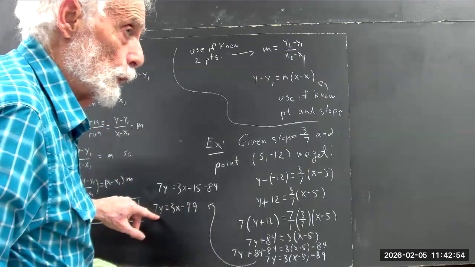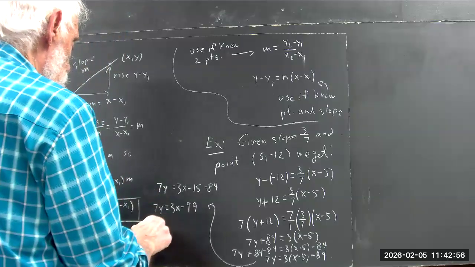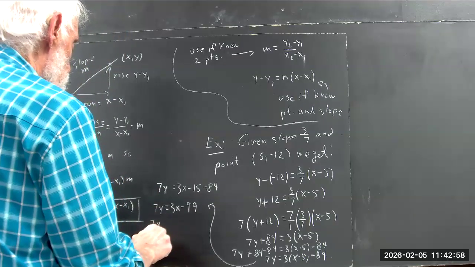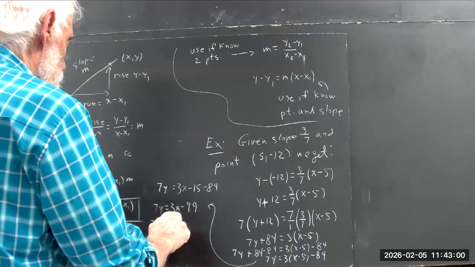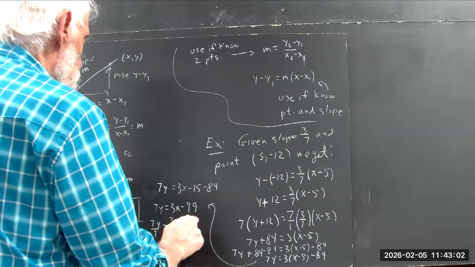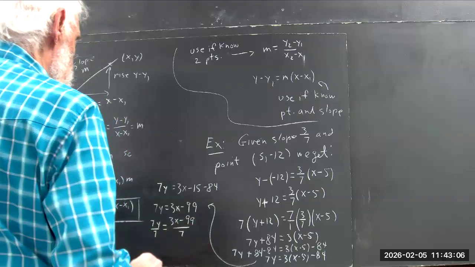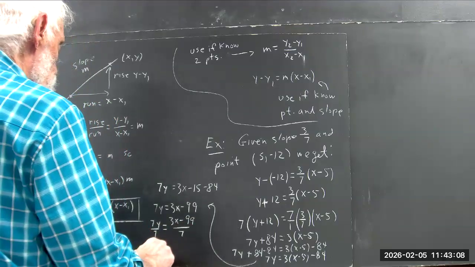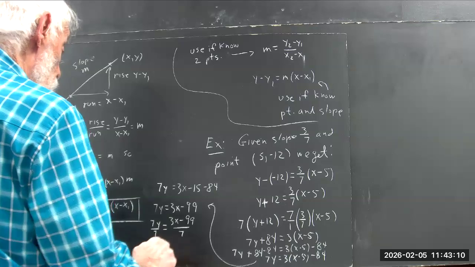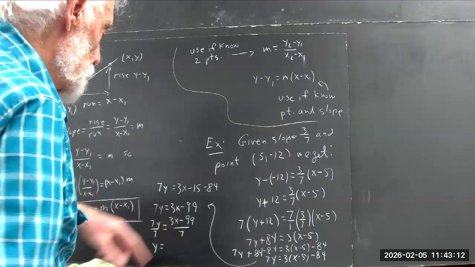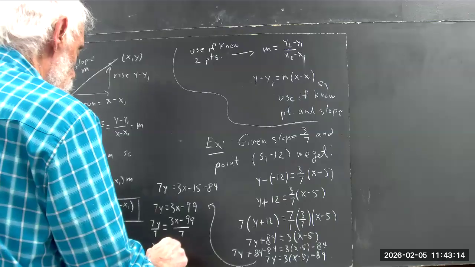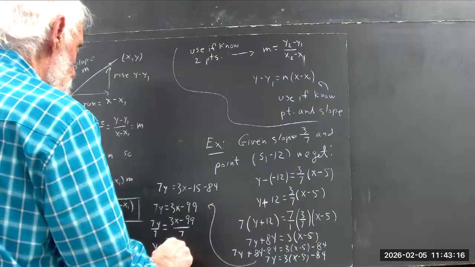Now we want to solve for y, so we divide both sides by 7. We get 7y over 7 equals the entire 3x minus 99 over 7. So the left-hand side just becomes y. 7 divides 3x, giving us 3/7 x.